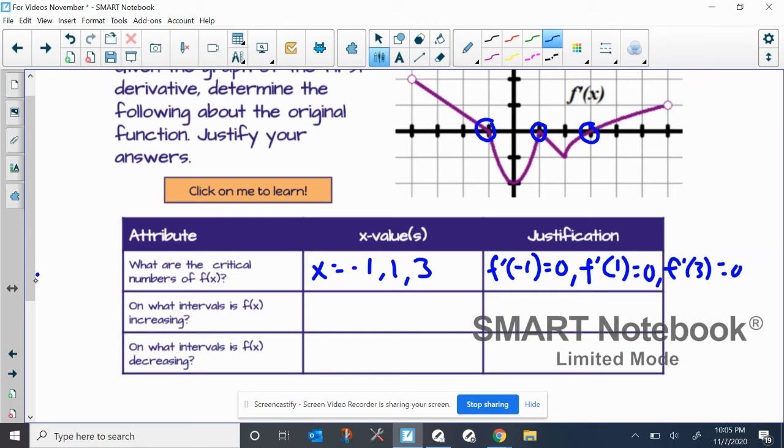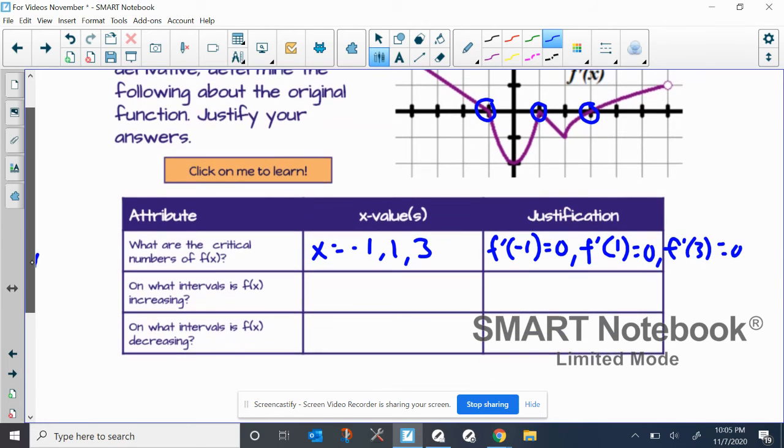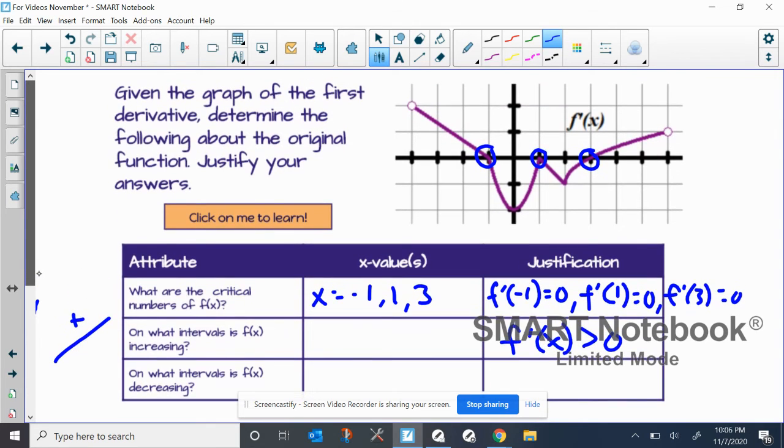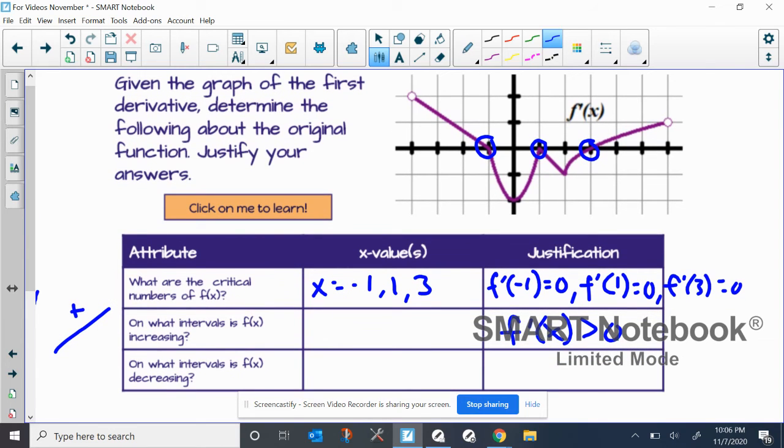So the next question is, on what intervals is f of x increasing? Well, this is the slope of f of x. So if f of x is increasing, the slope is positive. So I would say f prime of x is greater than 0, or f prime of x is positive. So I'm looking for the intervals where the graph of f prime, which is what I have, is above the axis.